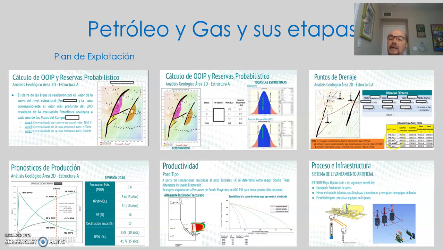Then we decide how many wells we can drill to drain all those reserves, and then we do the forecast of production, with the energy available and how much we're going to be draining from that trap. We can see how much we're going to produce over time. Then we designed the best well to develop these reserves.